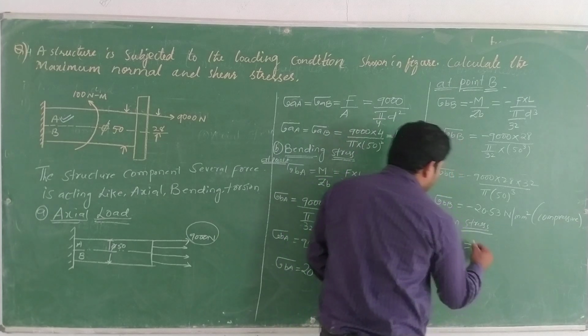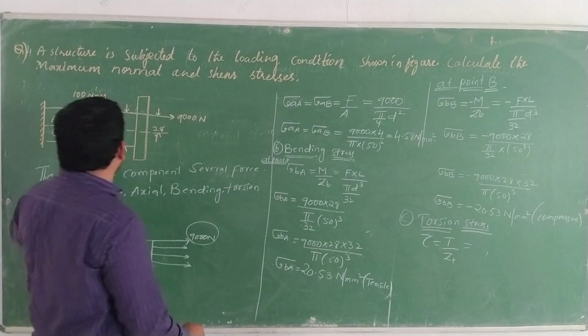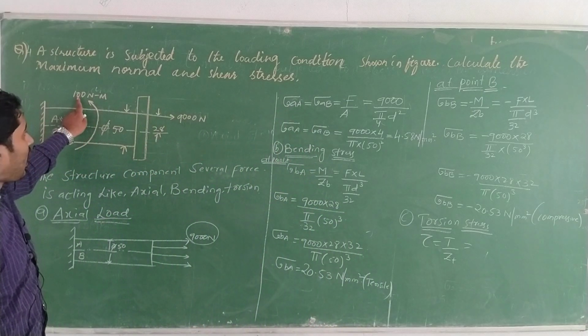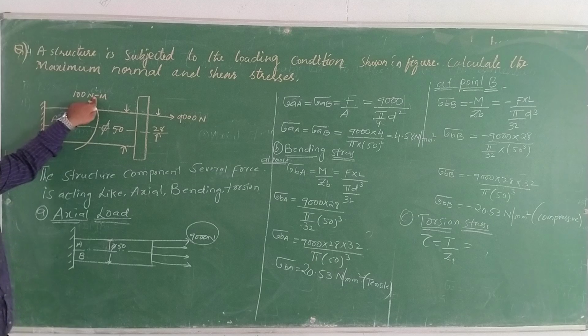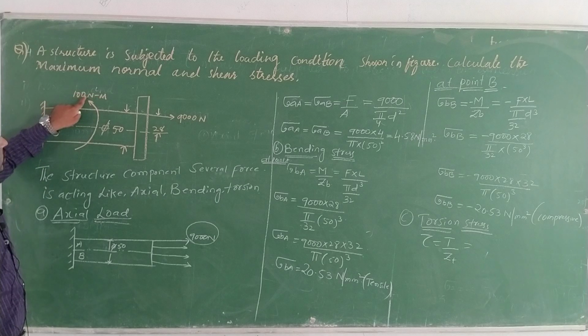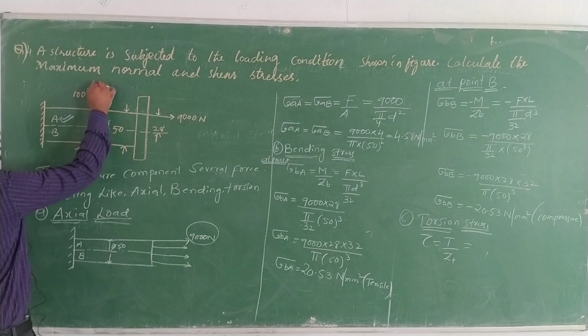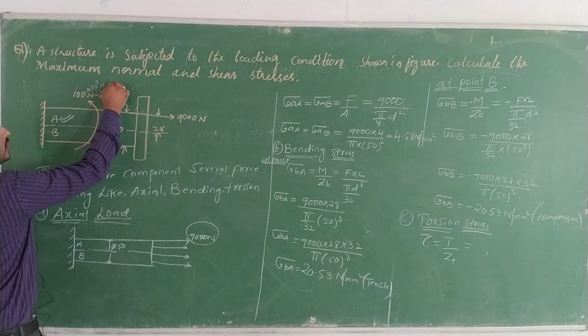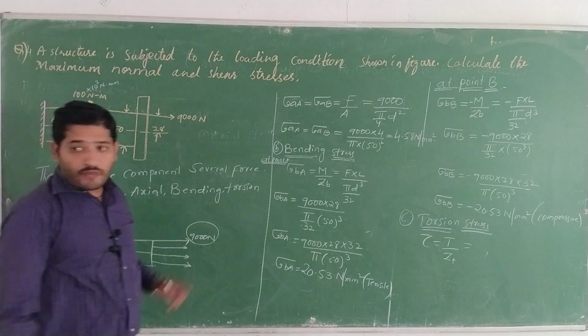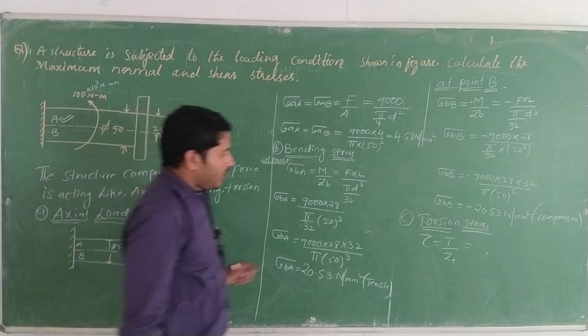So how much torque did we apply here? We applied a torque of 100 Newton meter. So you need to convert it to millimeter, which means 100 into 10 power of 3 Newton millimeter. So here you can represent 10 power of 3 Newton mm if you want to remove the meter.